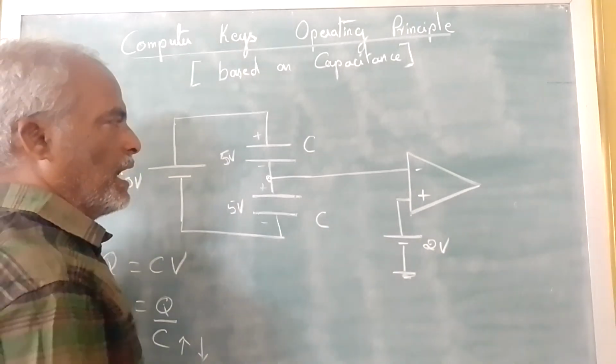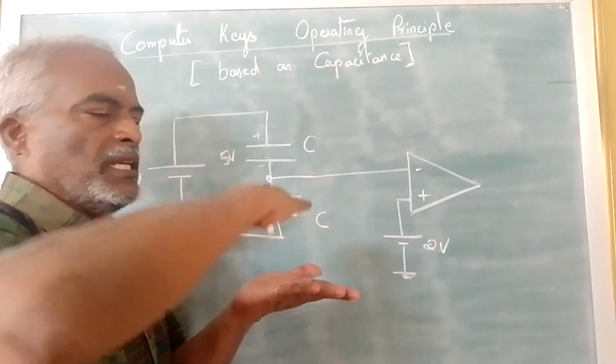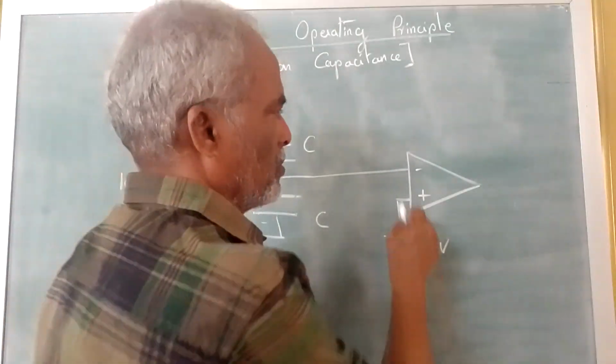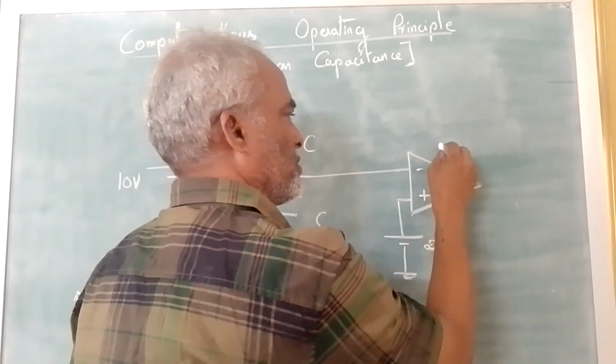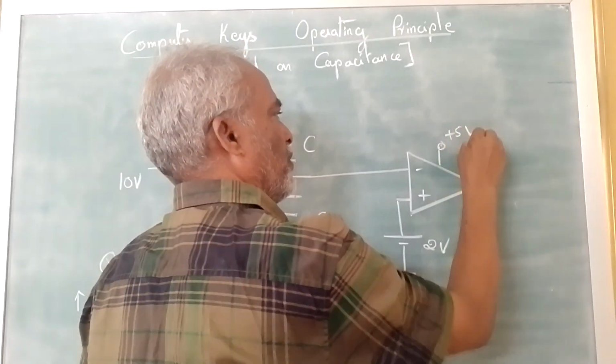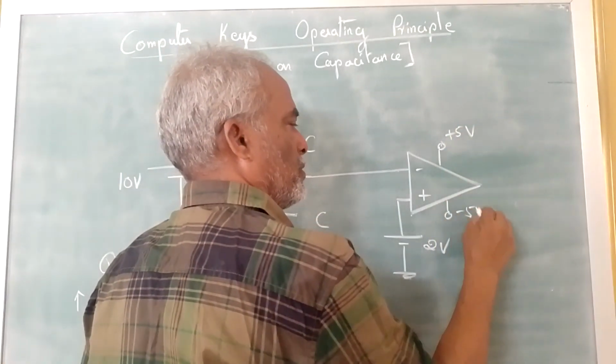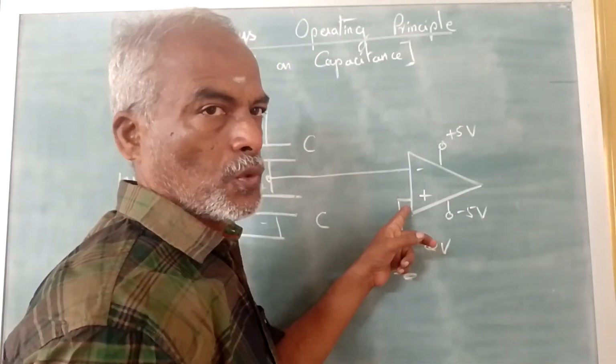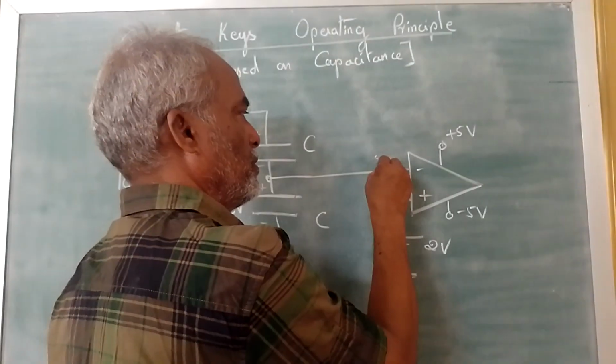So what will happen is, when the key is released in the normal position, this will experience 5 volts. So this will get 5 volts, and this supply is 5 volts and this is minus 5 volts. The reference is 2 volts, whereas this input sees 5 volts.